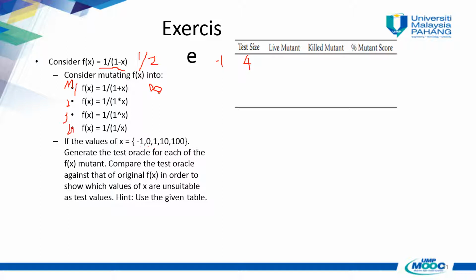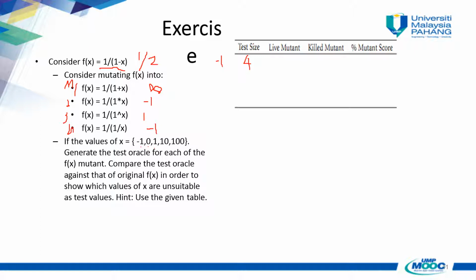And then mutant number 2, 1 times -1 becomes -1, so the result is -1. As well as here, 1 to the power -1, which is 1 over 1 to the power 1, so it will be -1. So this is the original.